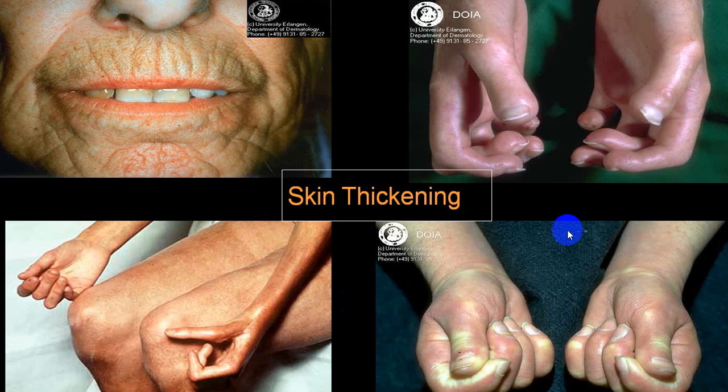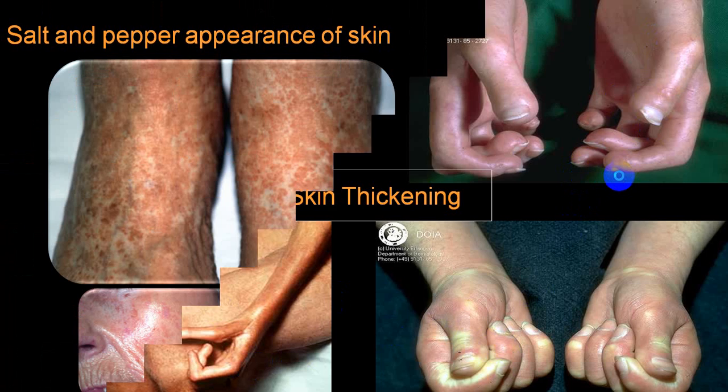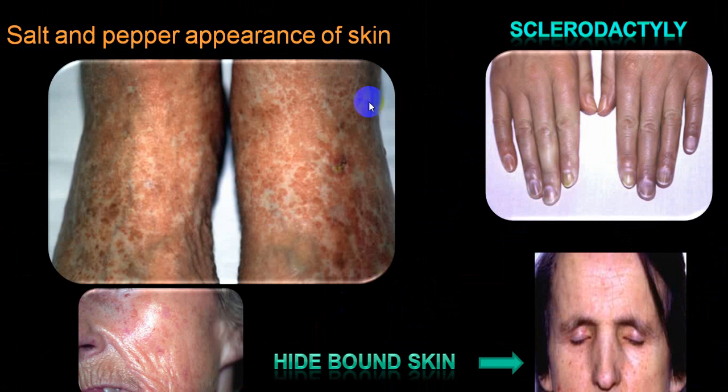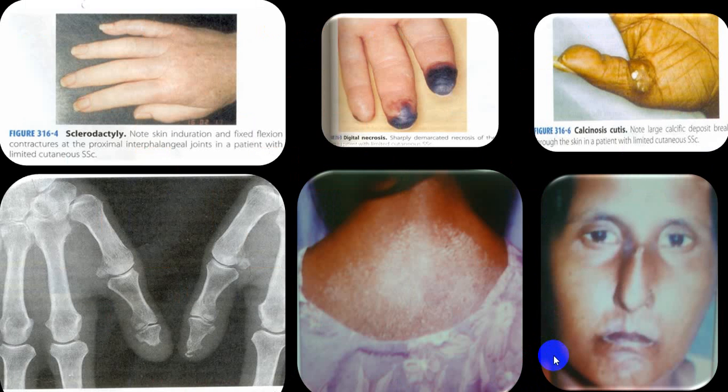This is sclerodactyly. This is salt and pepper appearance. Hypopigmented, hyperpigmented. Sclerodactyly, typical. And you can see facial changes. This is salt and pepper appearance.